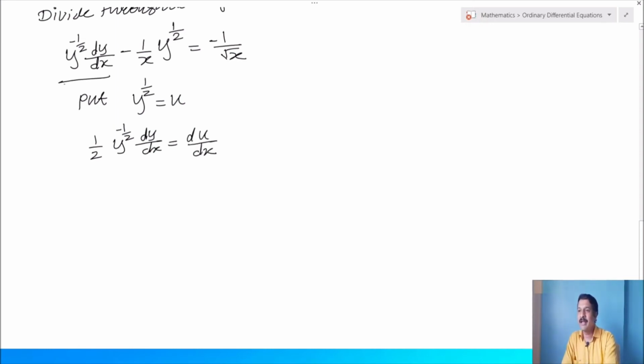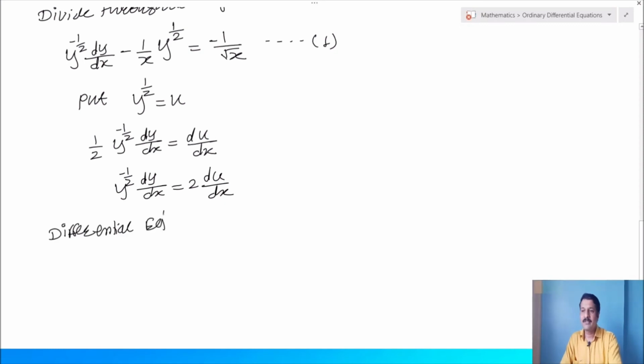So here y raised to minus half dy/dx is present, so this 2 I can take to this side. So I am getting y raised to minus half dy/dx equal to 2 du/dx. And therefore differential equation 1 becomes, by this substitution, 2 du/dx minus (1/x) u equal to minus 1 by root x.